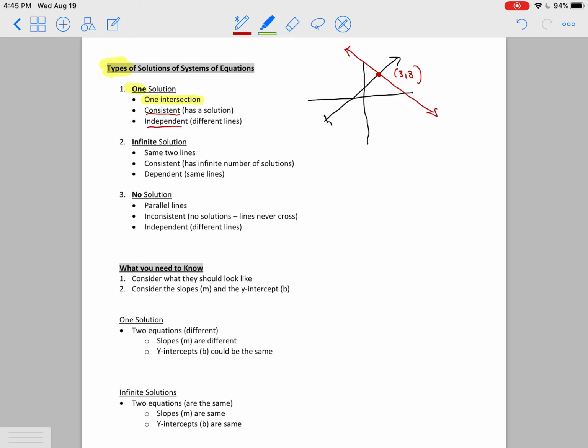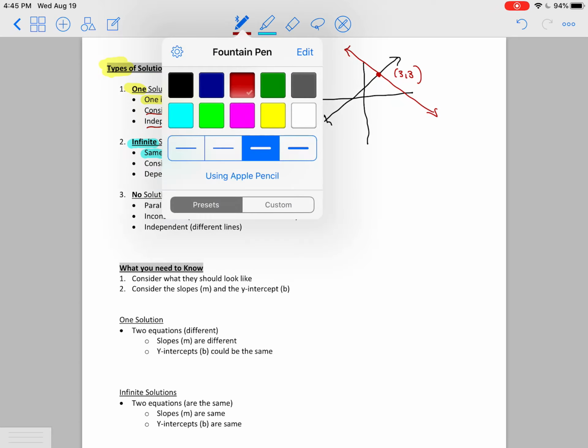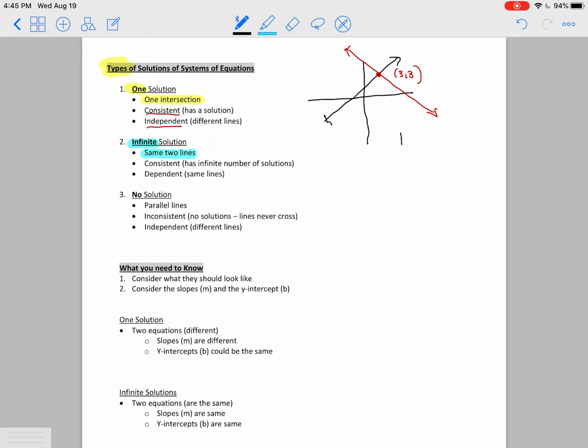Okay, so the second type of solution is what we call an infinite solution. An infinite solution means that the lines are exactly the same. You probably don't really even need a sketch of this, but let's say we have a line going this way. That's one equation. And we have another equation that literally is exactly the same line.